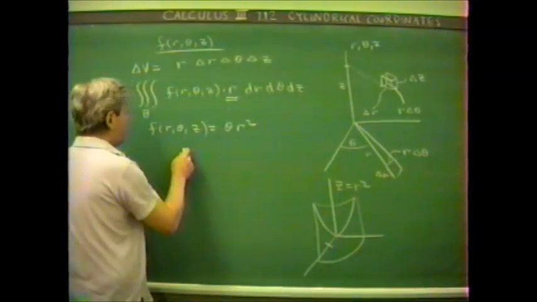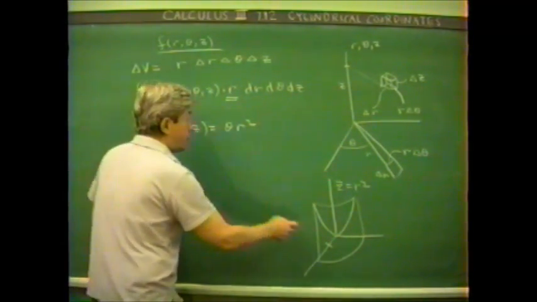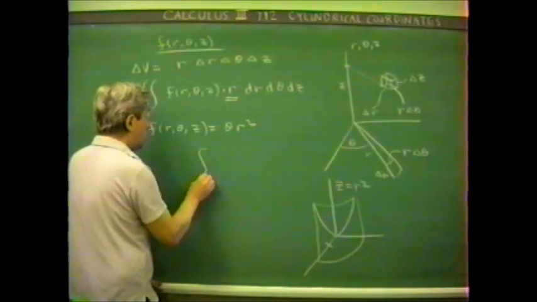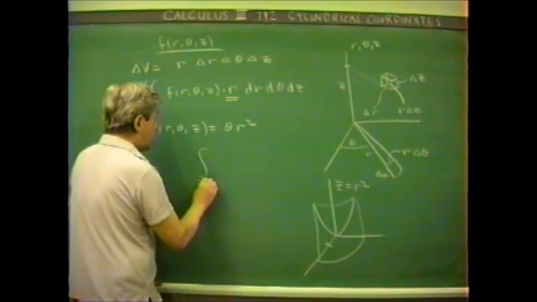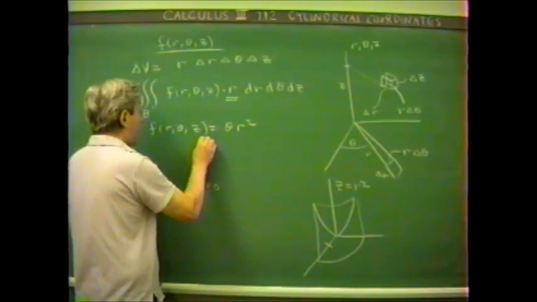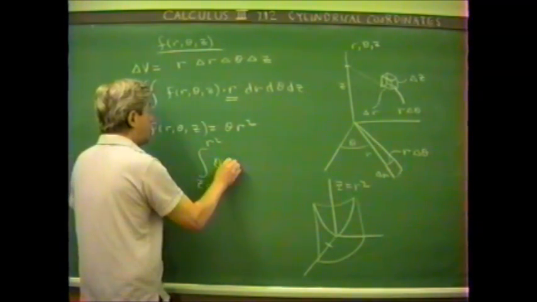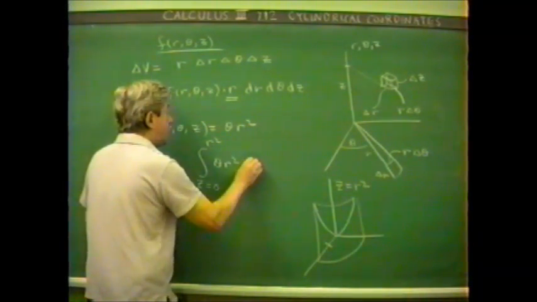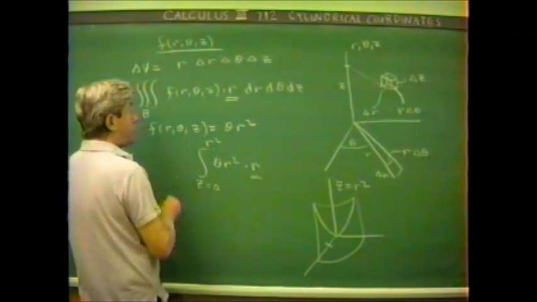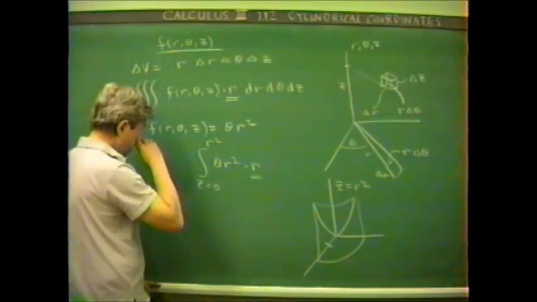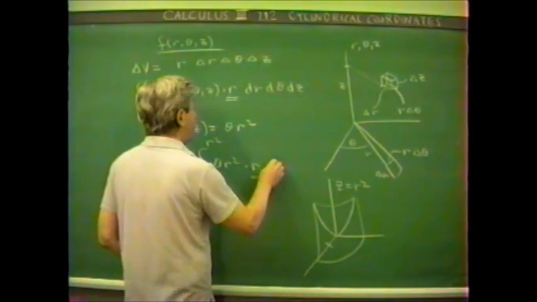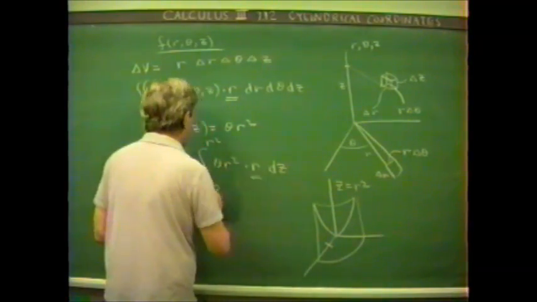That's to say, z goes between 0 and r squared. So we integrate our function theta r squared. We now have to multiply by r to get the correct integral. And then we integrate this with respect to z.